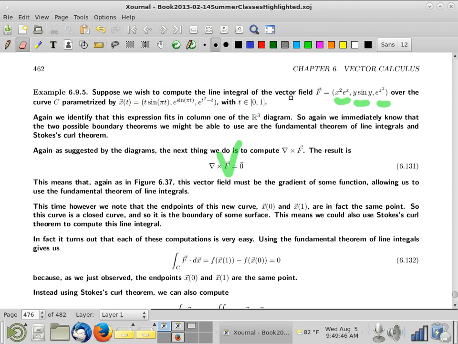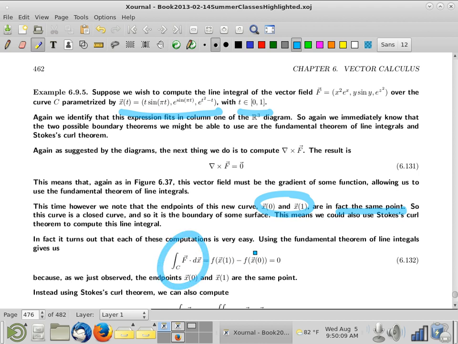And what happens in this case, not super interesting, is that if you look at where these endpoints are, you plug in 0 and 1 into this. Those 2 points are the same point. So this ends up being a really easy calculation.